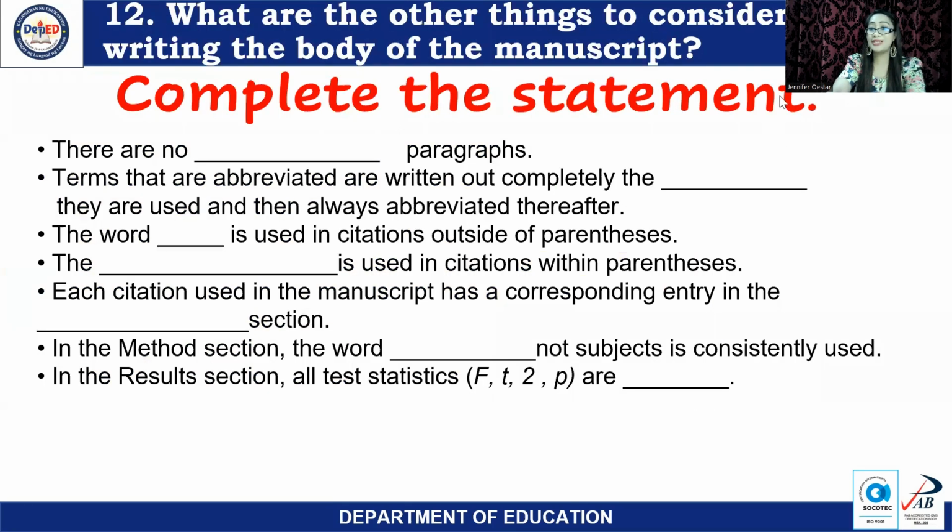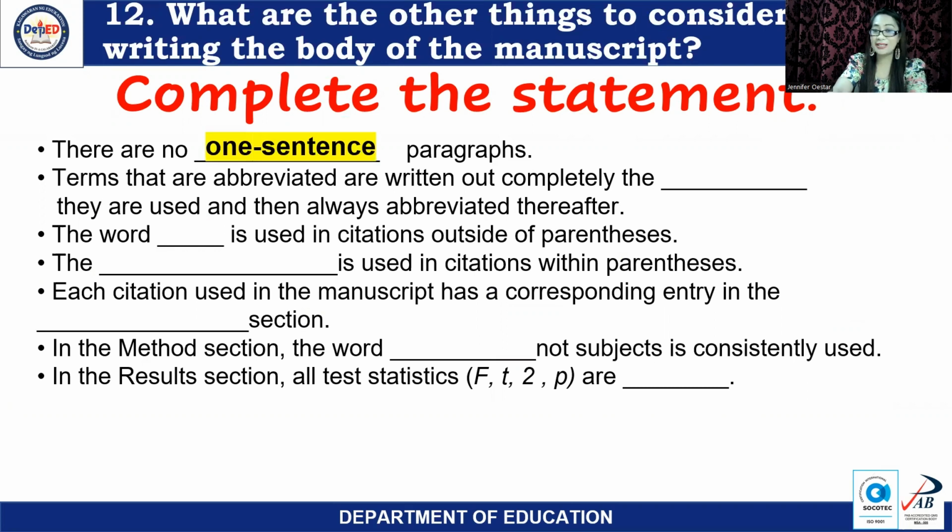Let's now proceed with the next question. I do not know if this is still a warm-up, and I guess you are learning already. So, what are the other things to consider in writing the body of the manuscript? And you have to complete the statement. There are no blank paragraphs. Do you have any idea?